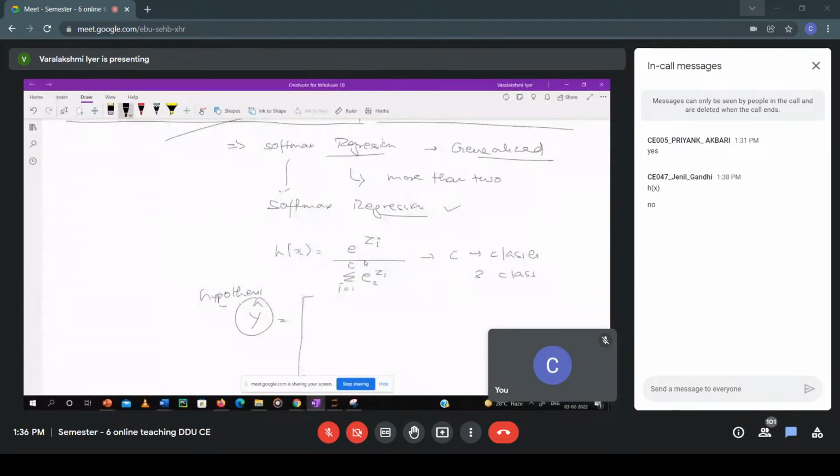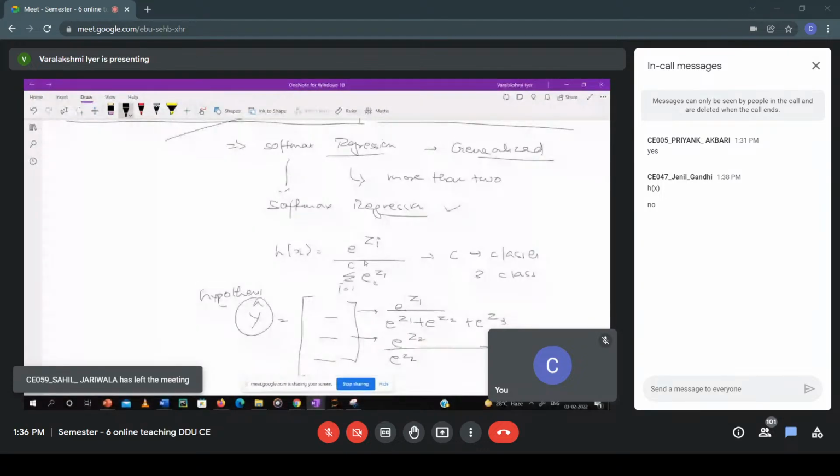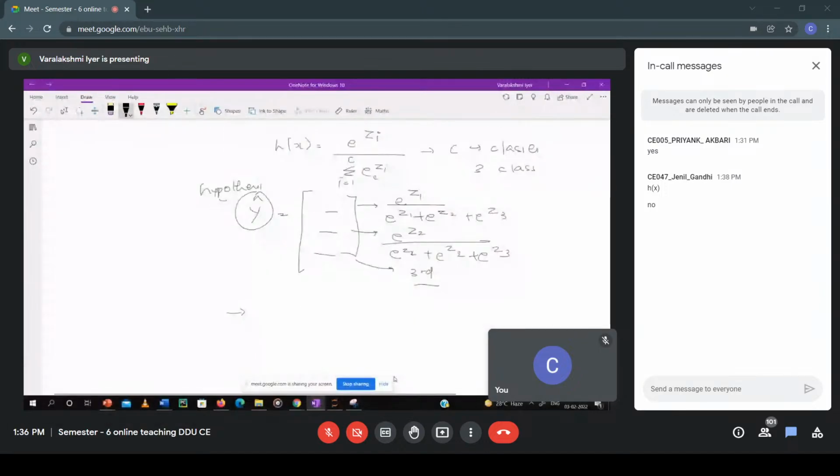The first will be e raised to z1 upon e raised to z1 plus e raised to z2 plus e raised to z3, the second will be e raised to z2 upon e raised to z1, z2, and z3, and similarly for the third. Whichever has the maximum probability value will be considered as your output class.